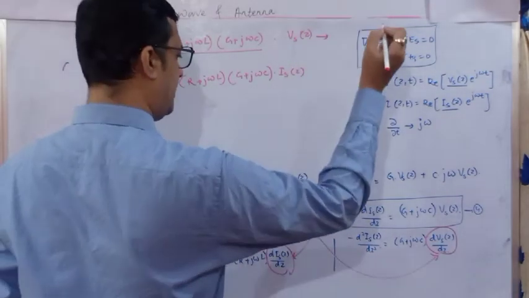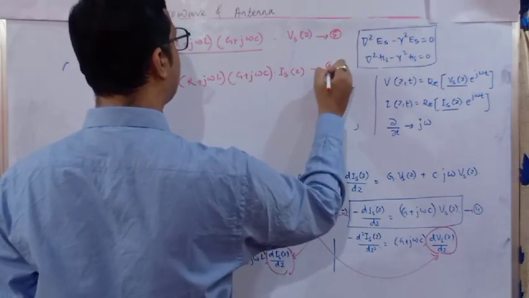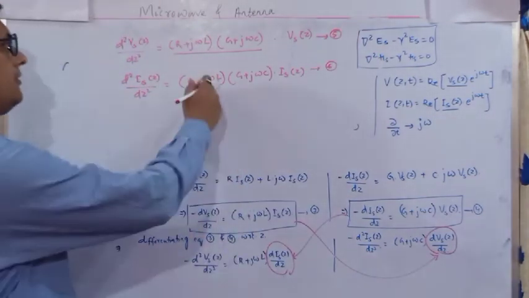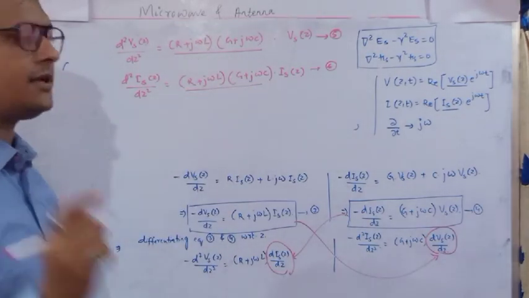So let us consider this equation is 5 and this equation is 6. Then in these two equations, these two values are constant. Now this constant is called the propagation constant.